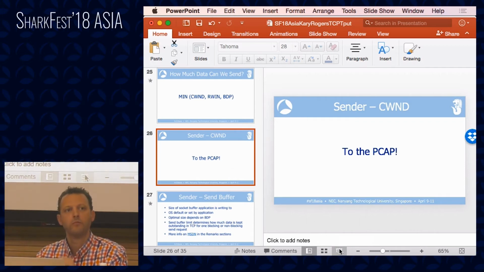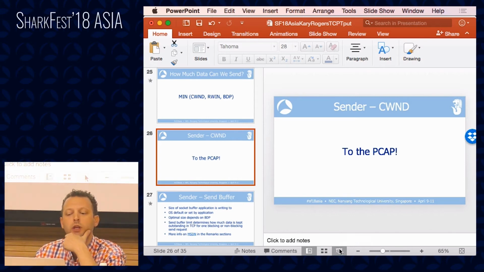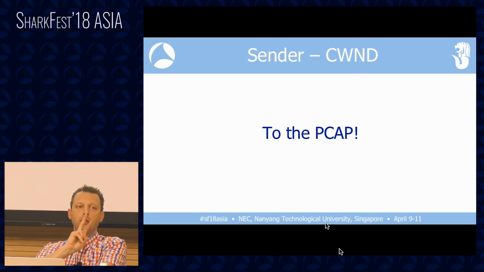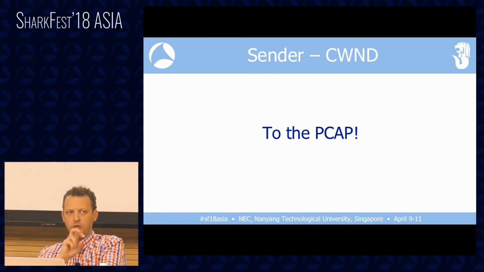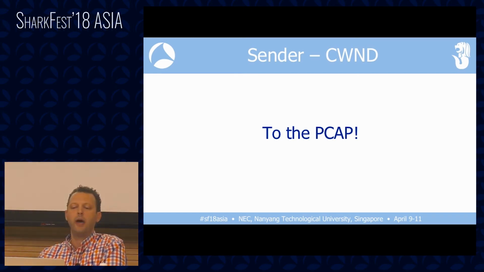The receiver usually waits for the 2 full MSS before sending that. Yes, two packets. I think the RFC says that it should wait for 2 full MSS worth to send an ACK, but some operating systems will just get 2 packets and ACK. Other ones will wait for 2 full MSS. But the general pattern is data, data, ACK, data, data, ACK. In this case, the sender should send at least 2 in the congestion window.